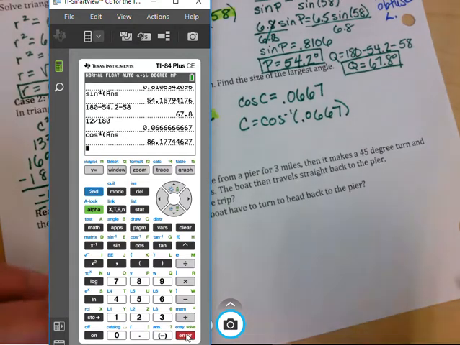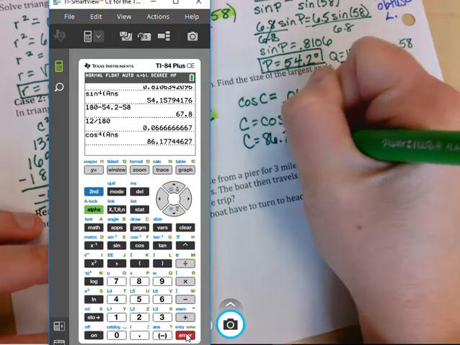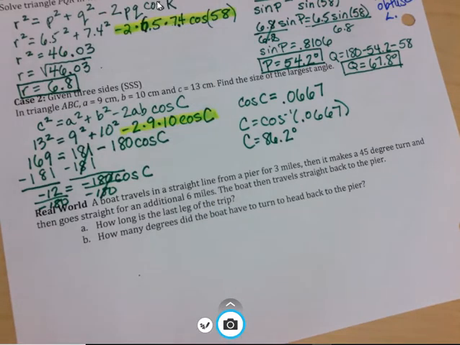So I get 86.2 degrees. Okay. Did I answer the question? Yes. I just said to find the largest angle, so we did that.